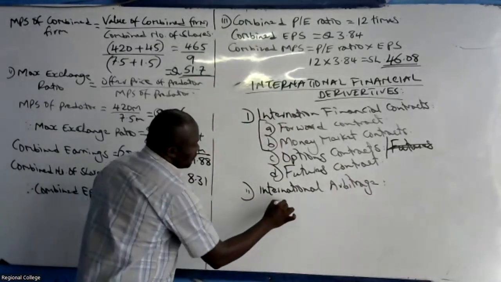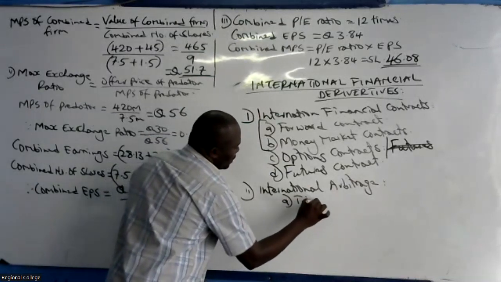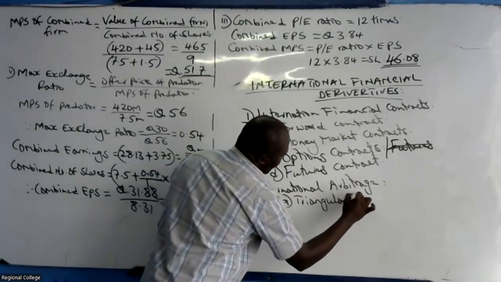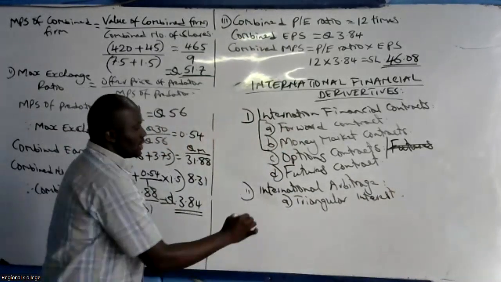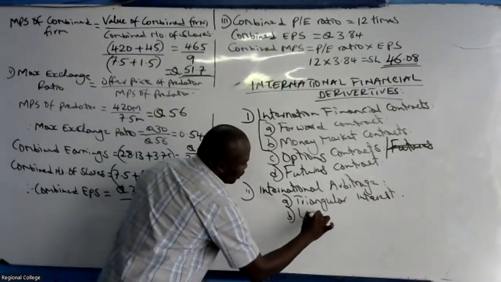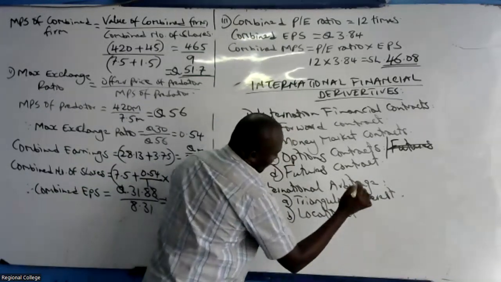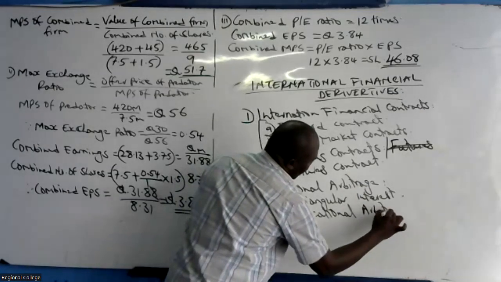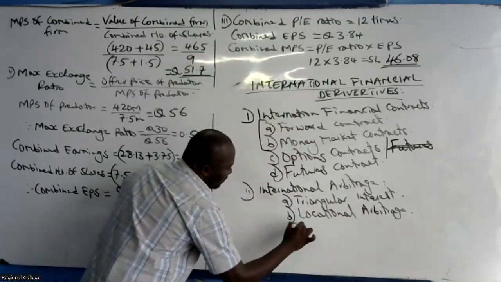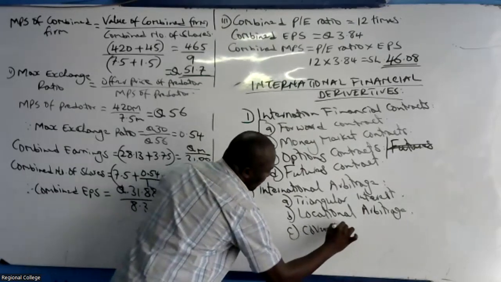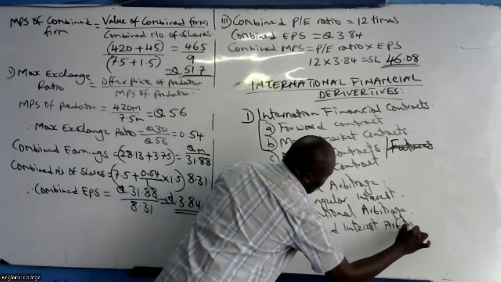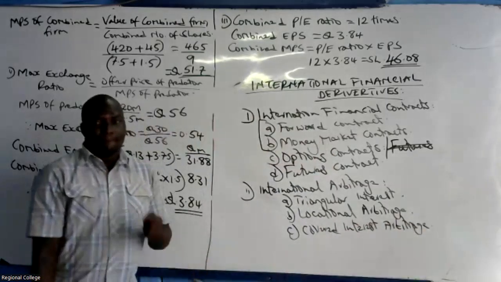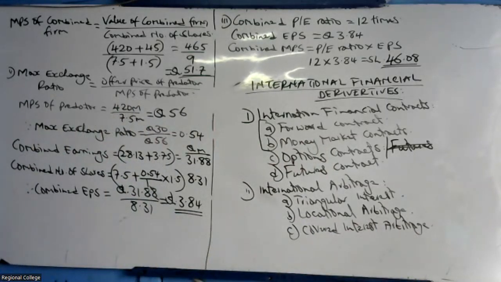Under international arbitrage, we have triangular arbitrage, locational arbitrage, and covered interest arbitrage. So those three.